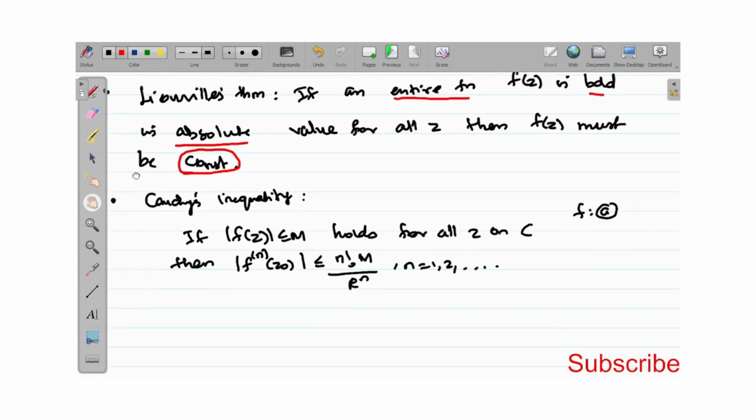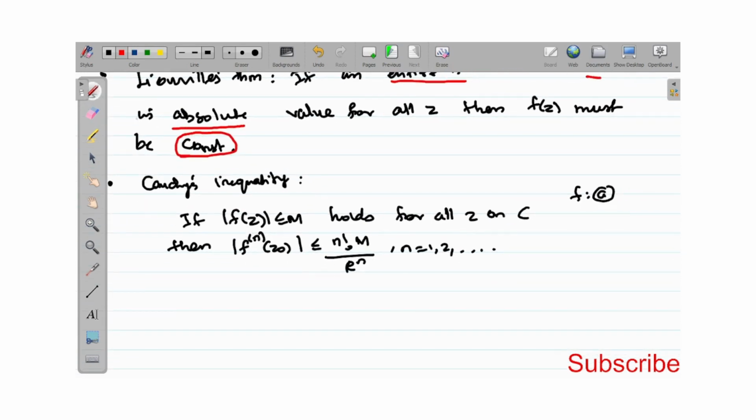Then Cauchy inequality: if |f(z)| is less than or equal to M for all z and the function f is analytic in C, then |f^(n)(z0)| is less than or equal to n! M/r^n for n = 1, 2, 3, etc. Thank you.